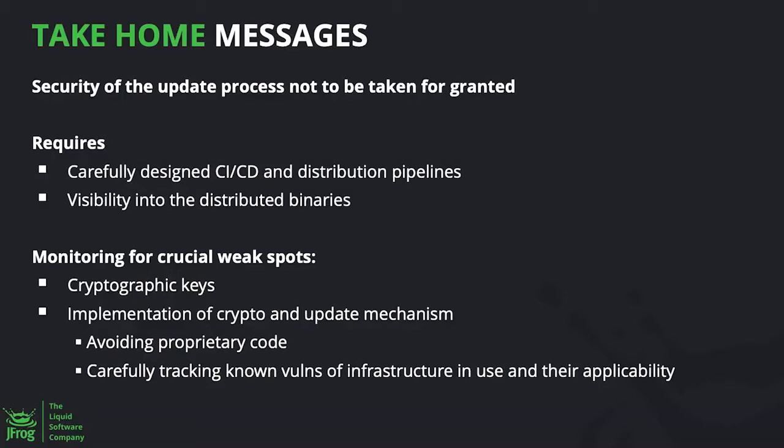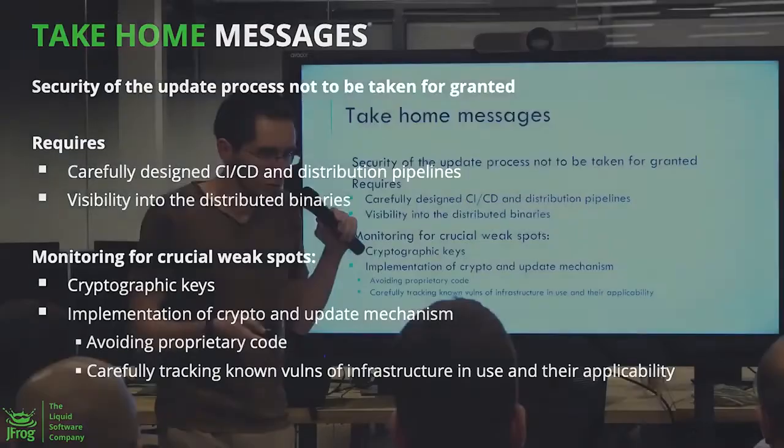You need to have visibility into the binaries you're distributing, and you need to monitor for crucial weak spots, which are cryptography and the implementation mechanisms. And you need to avoid proprietary code, and take care to monitor the versions of the code that's not proprietary.